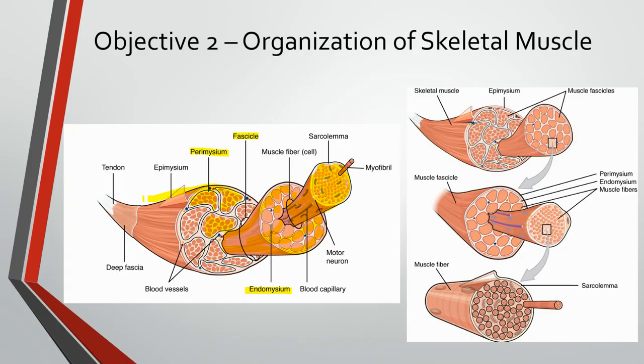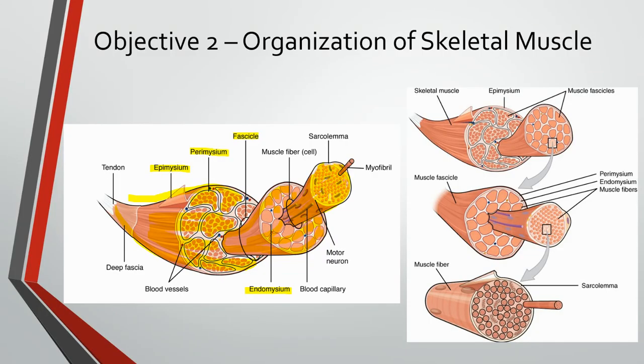And then we have the whole big muscle. That whole muscle is surrounded by a layer called the epimysium. The way I remember this is E, P, epi: E for endomysium, P for perimysium, and epi is on the outside.